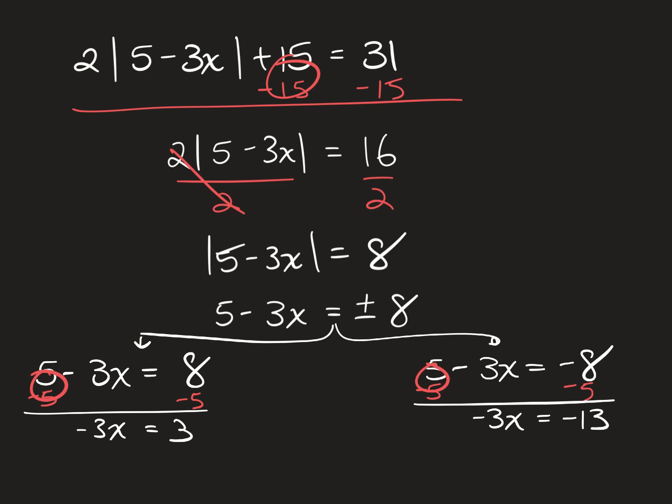Oh yeah, divide by negative 3. That cancels, that cancels. So what are you left with here? x equaling 1. And for this equation here, you're left with x equaling a positive 13 over 3. Remember, a negative divided by a negative is a positive.